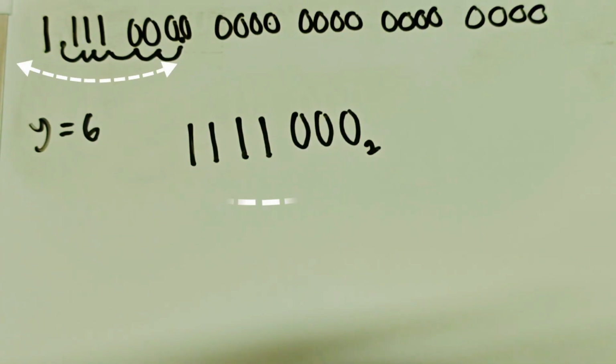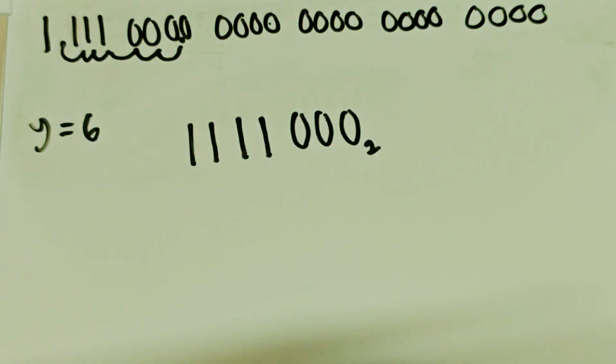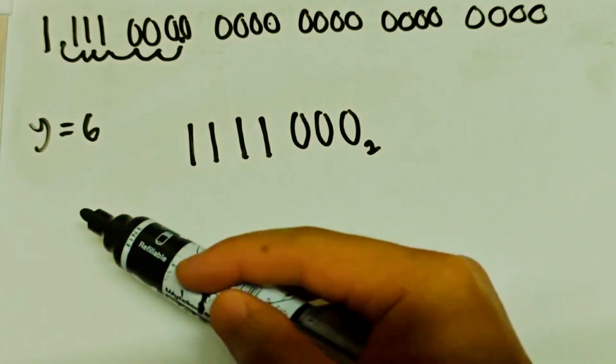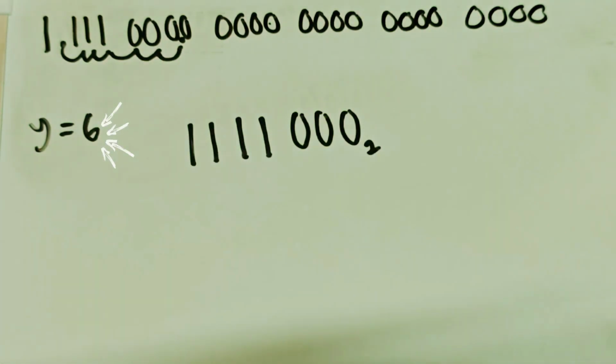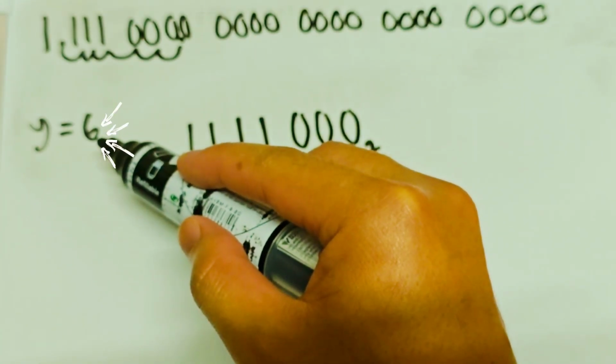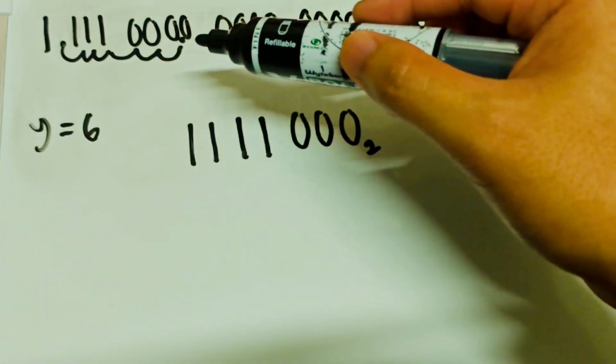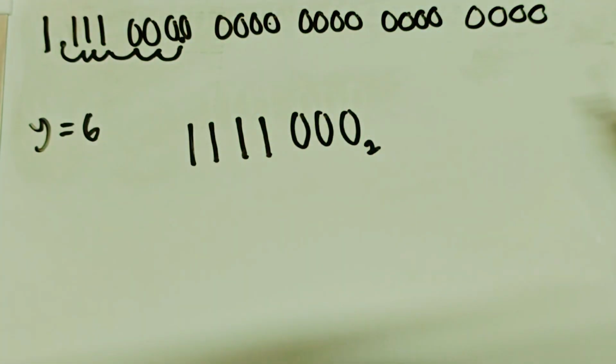As I remind you again, we need to put 1 in front of our number, and then we refer to the Y exponent, and then we do this 6 times based on our Y, and then we only get the front number, and then remove all the 0 at the back. That's for step 6.